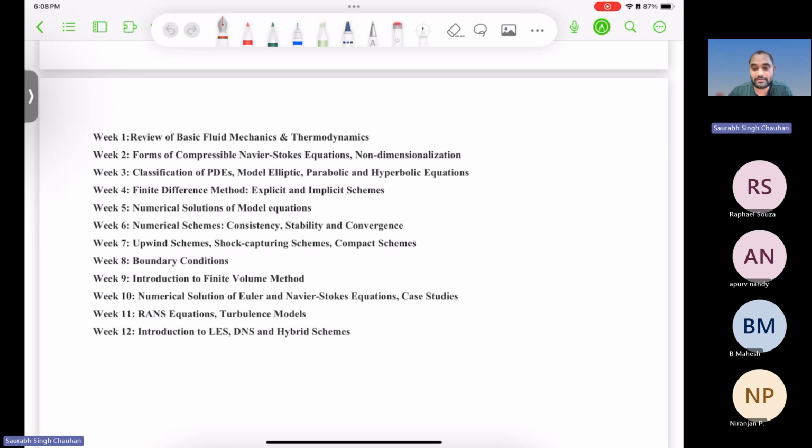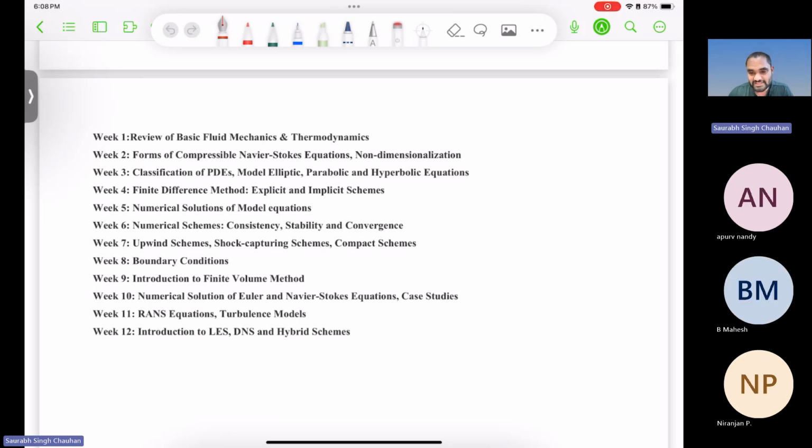But if there is more than one variable on which the temperature or velocity depends, then the equations are partial differential equations, right? For example, you have a temperature distribution. That temperature distribution can be a function of space. So space means two coordinates, x and y, and it can also be a function of time, right? So there are many variables.